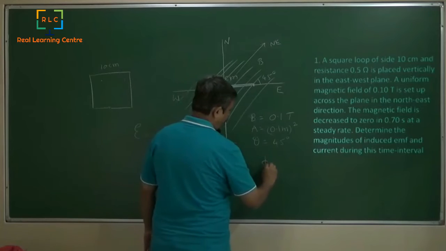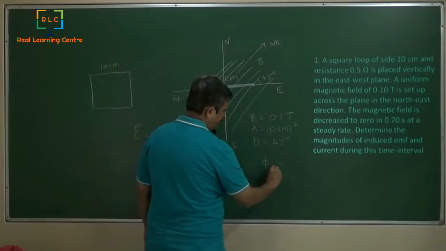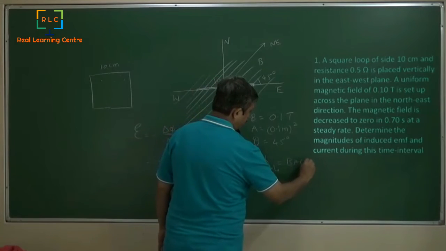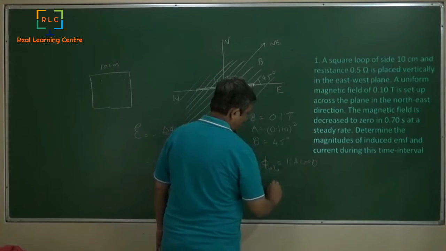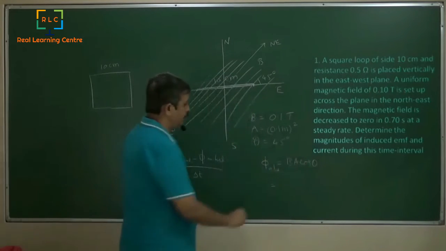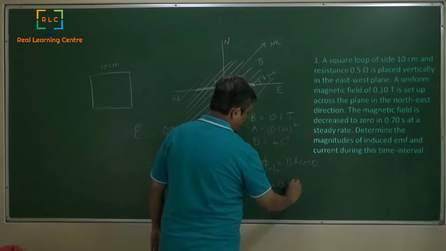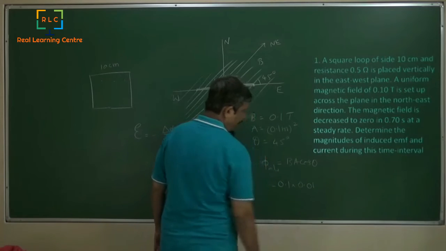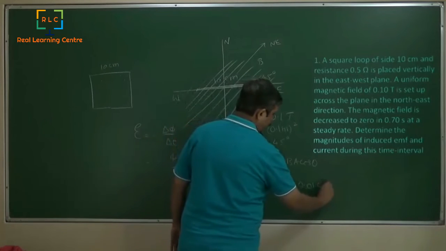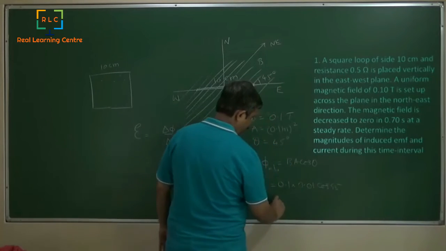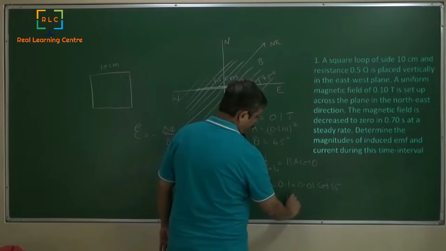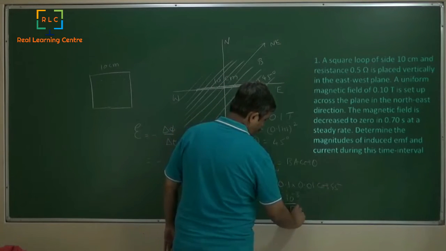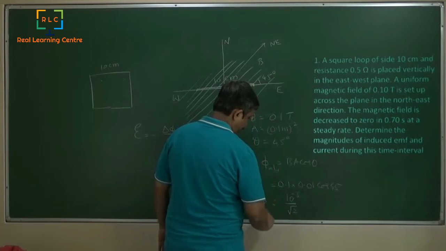Therefore phi initial is equal to B into A into cos theta, which is 0.1 into 0.01 into cos 45. I will write it as 10 power minus 3 into 1 by root 2. This is phi initial.